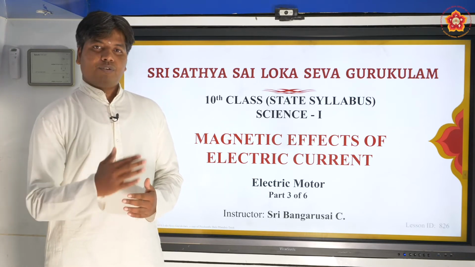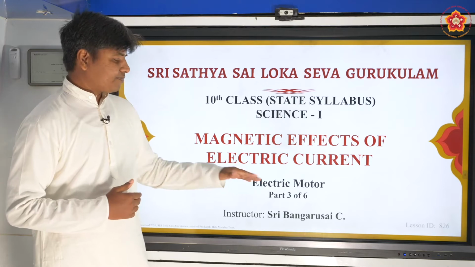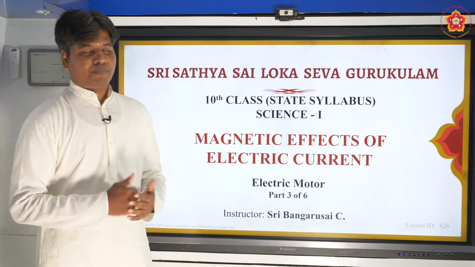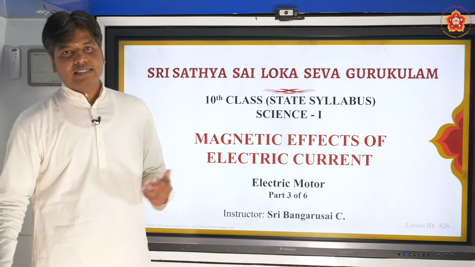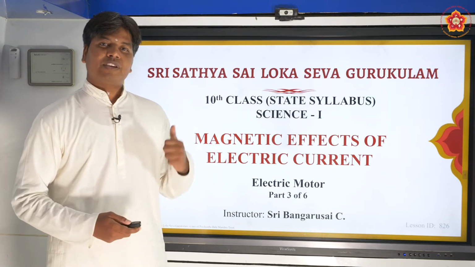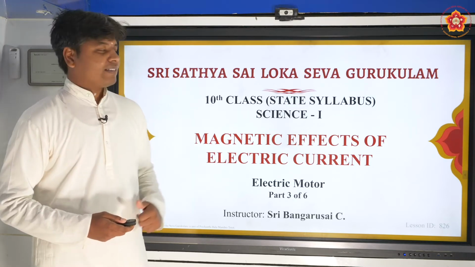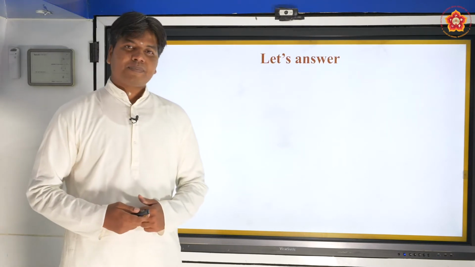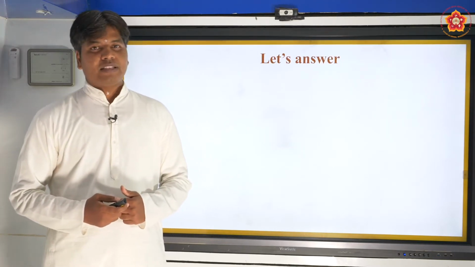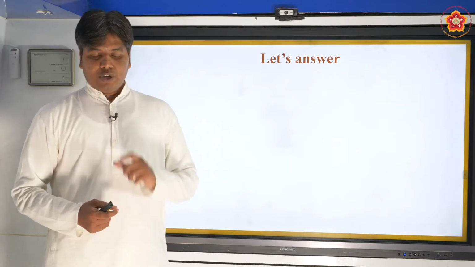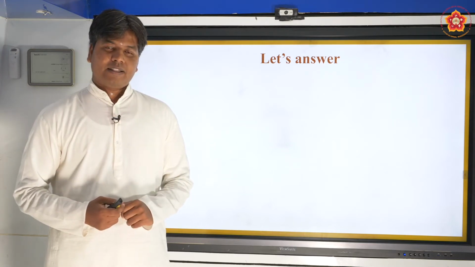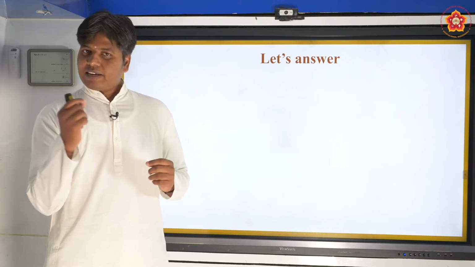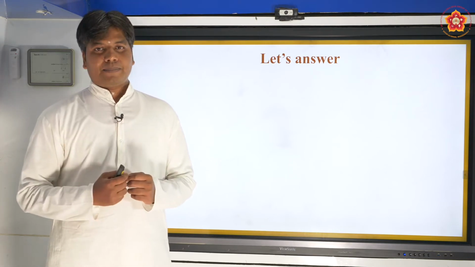But before diving into today's topic, let us answer a few questions which I gave in the home assignment in the last session. What was our first question? In the first question, you have a bar magnet, a current carrying conductor, and a magnetic field around the current carrying conductor.